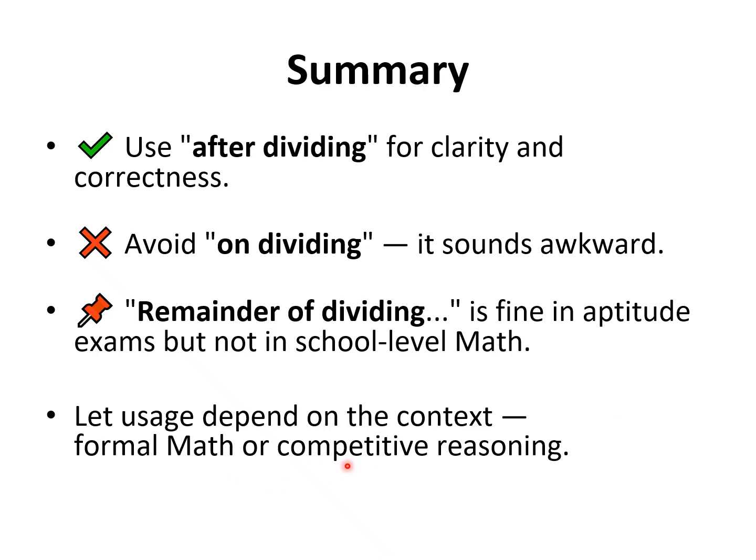In competitive math, it can be on dividing or of dividing. So always at the school level, remainder after dividing should get the priority, the preference. It is the absolutely clear usage: remainder after dividing one number by another, rather than on dividing or of dividing, although all three are grammatically correct.